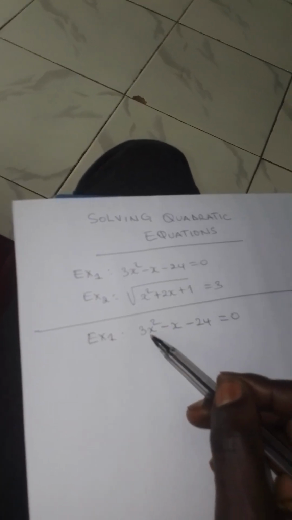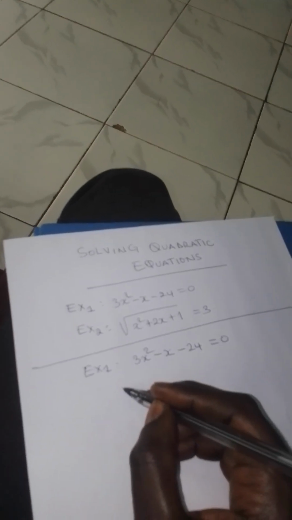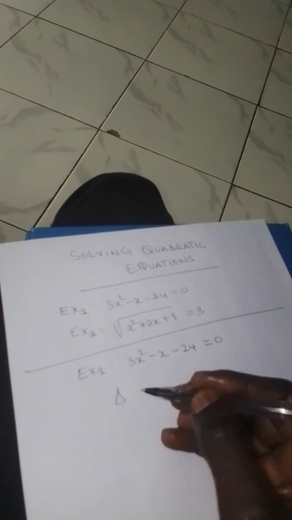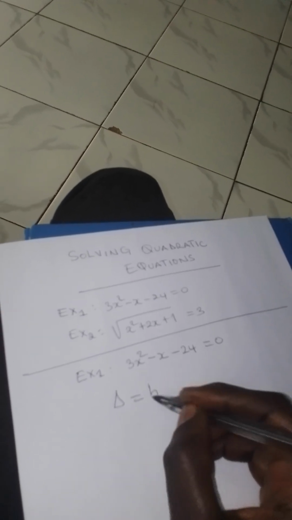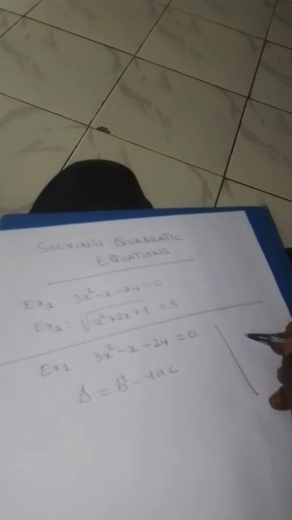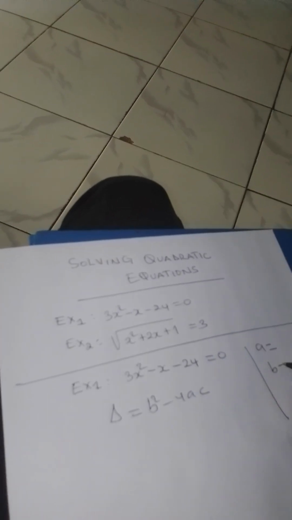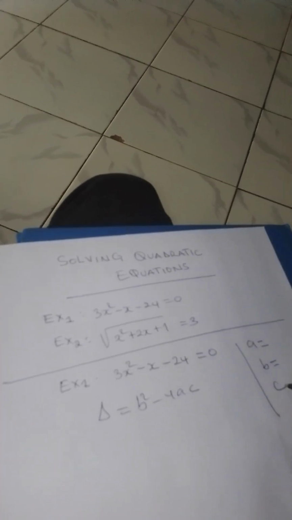Now, this is a quadratic equation. We solve a quadratic equation by using this formula: delta, which is equal to b squared minus 4ac. Here, we can see a, b, then c.